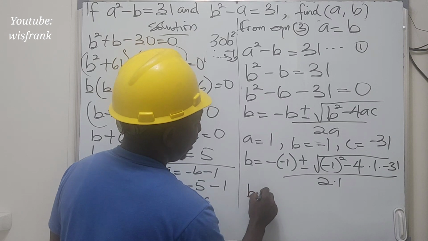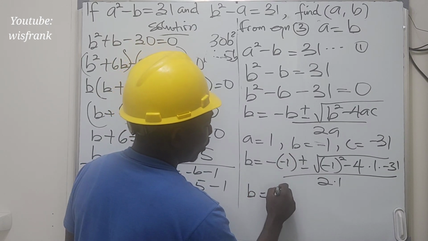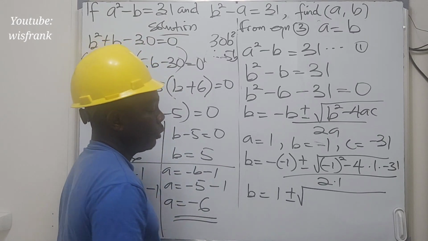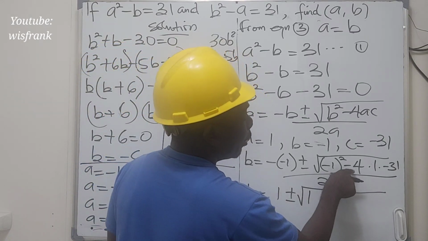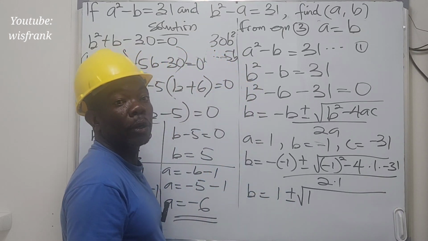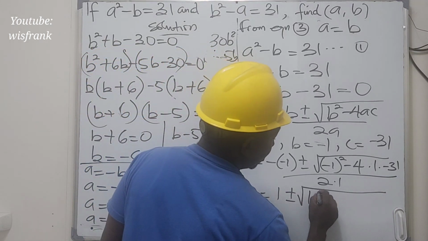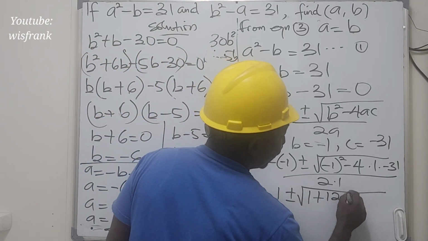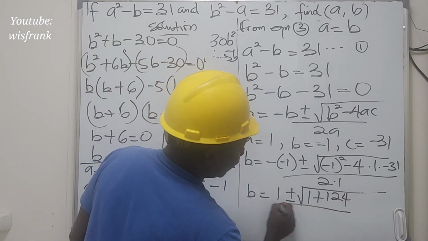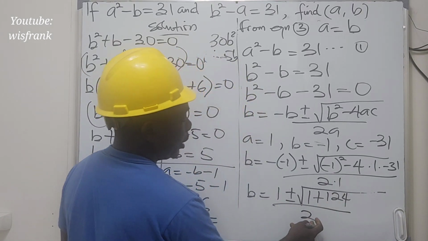So the value of b equals minus times minus 1 will give us 1, plus or minus square root of minus 1 to the power of 2 gives us 1. Then we have minus 4 times 1 times minus 31 will give us plus 124. All of this is over 2 times 1, which is 2.